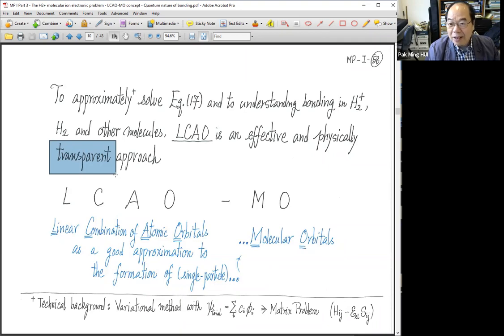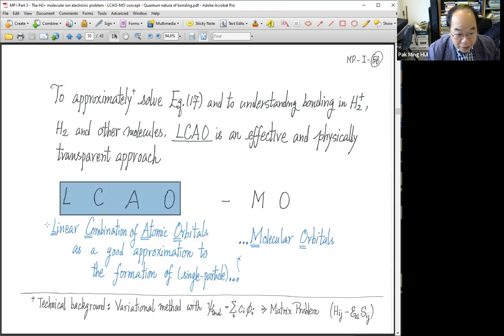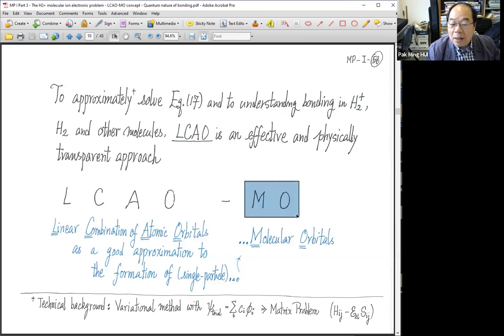By that I mean, you can easily visualize what is happening in a molecule based on what we learned in atoms. So the method here has a shorthand, very famous term called LCAO. The long form is linear combination of atomic orbitals. What for? To form the solutions to the molecular problems. The solutions are called molecular orbitals.